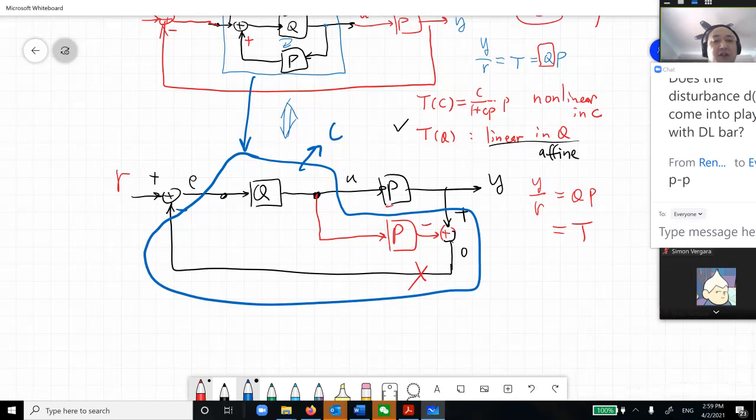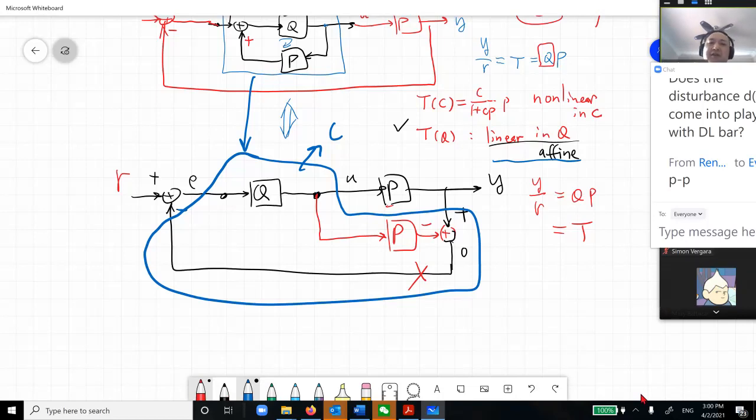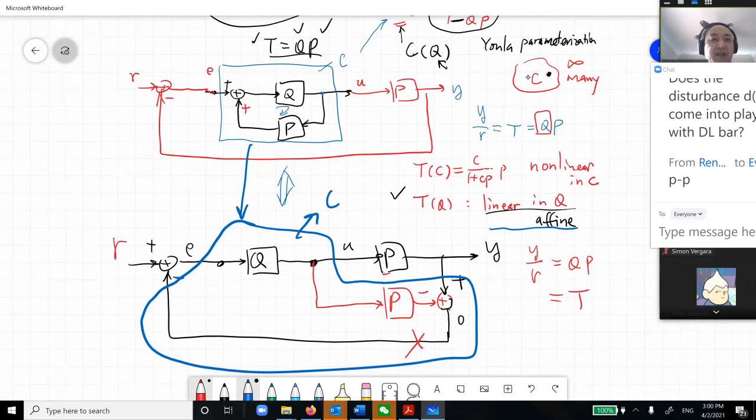So this is called Youla parameterization. The reason is this one makes it linear. It's linear, so it's easier to do optimal control design, because here you have infinitely many such Cs. If you choose one, you need to search according to criteria to search the C. When it's linear, it's easy to search.